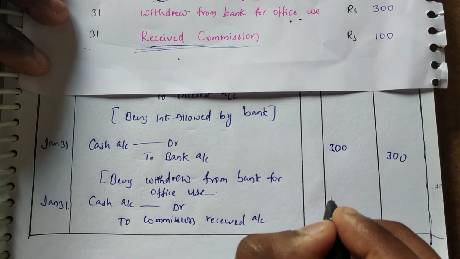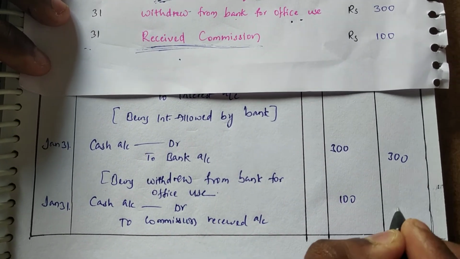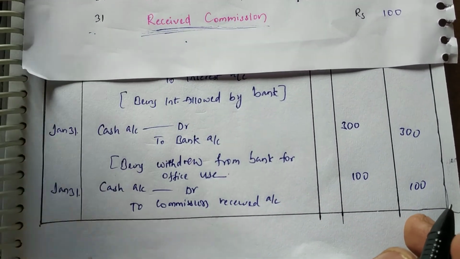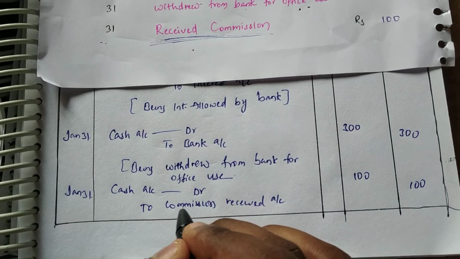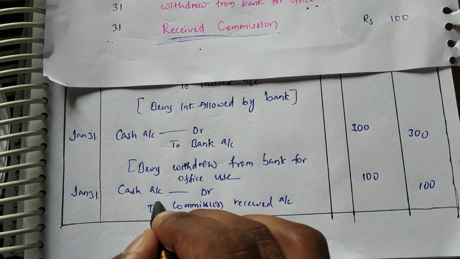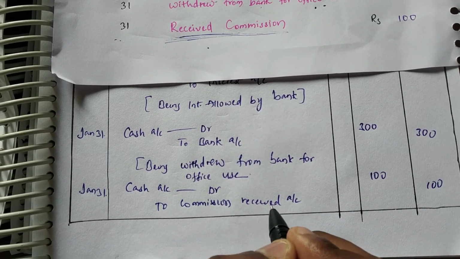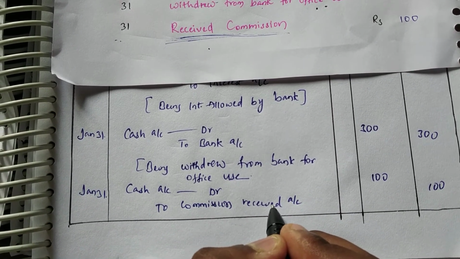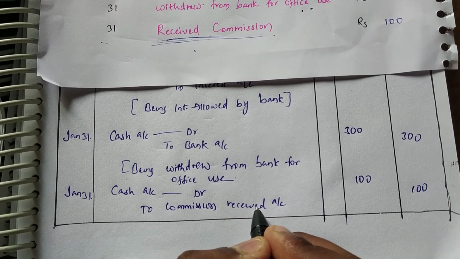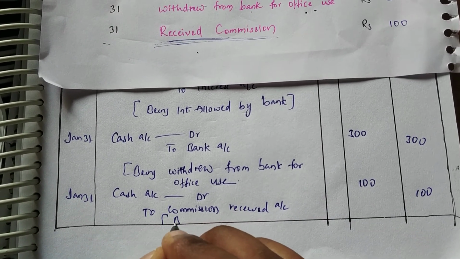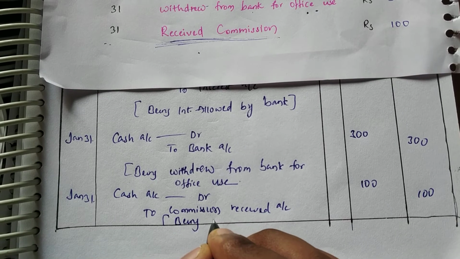How much? It is 100. I hope you clearly understood the thing. Cash account is a real account. As per the real account, we have to debit what comes in. Since cash is coming in, we are debiting. And commission received is an income. As per the nominal account, we have to credit the income. So we are crediting. So narration is being commission received.